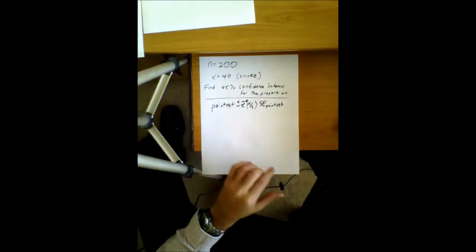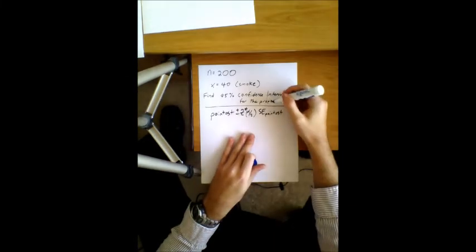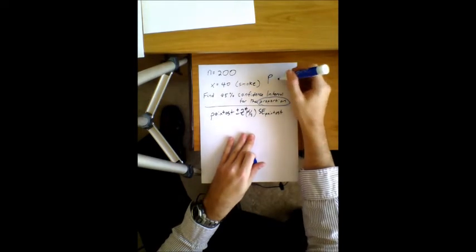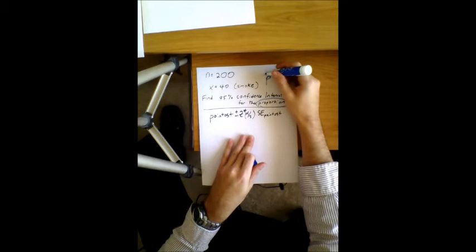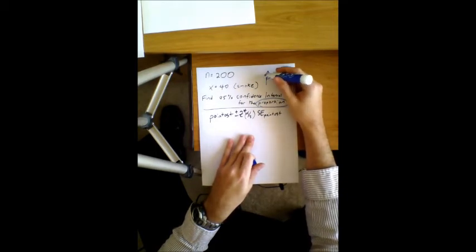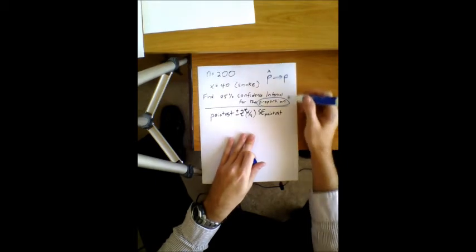This time, however, we're looking for a proportion, so our point estimate is p hat, which approximates p.